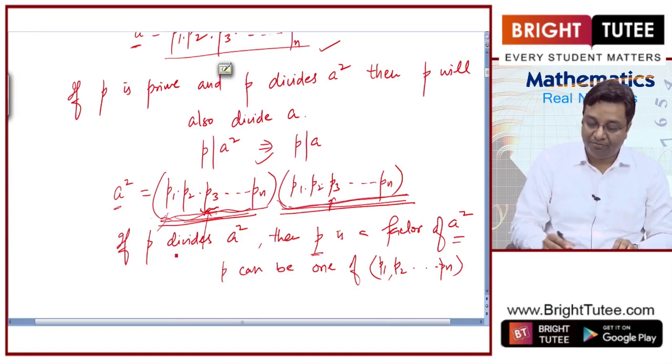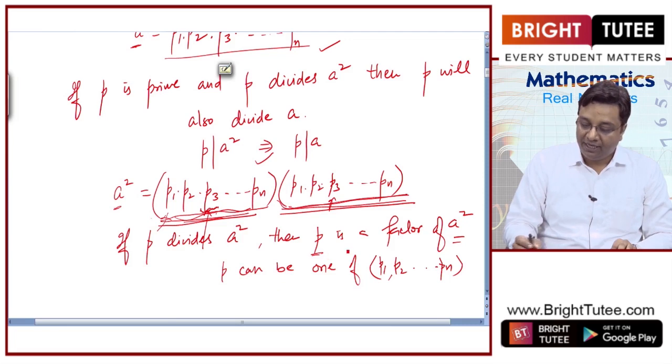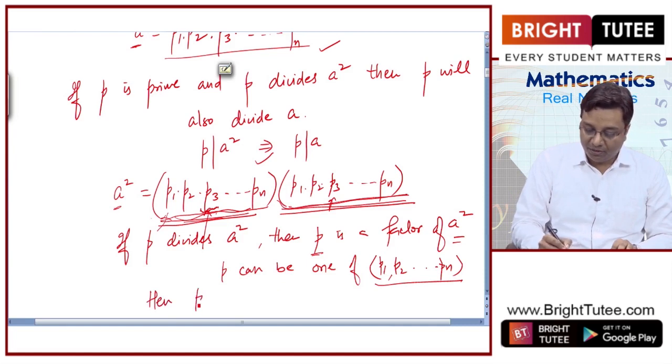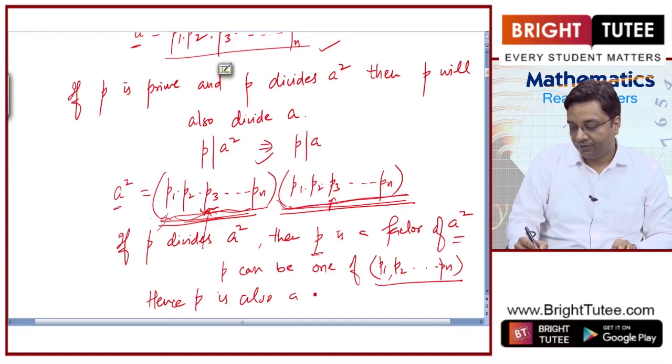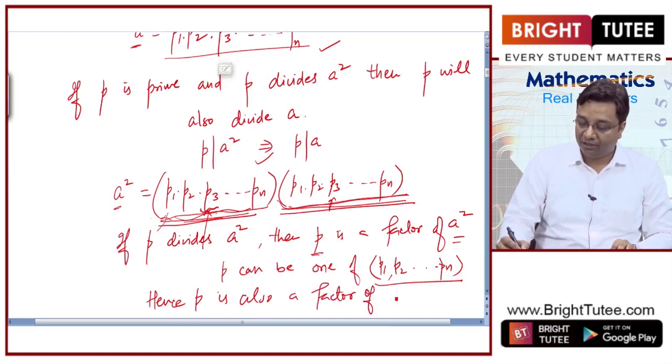So I can say if P divides A square, P is a factor of A square, so P can be one of these, hence P is also a factor of A, right?